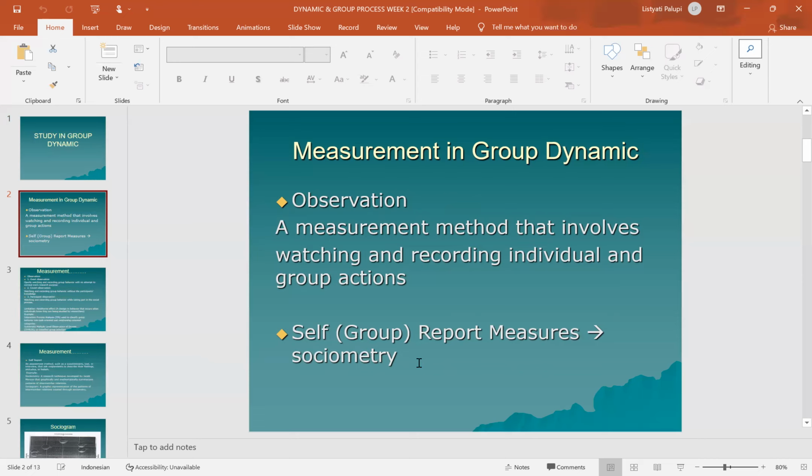I will show you what sociometry is in the next slide.